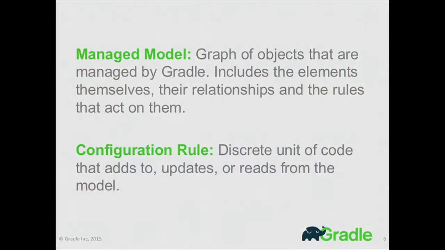And also the rules, the code that manipulates those bits of data. That's all the new model. And the rule, the configuration rule, is really just some discrete unit of code that either adds to, updates, or reads from the model.